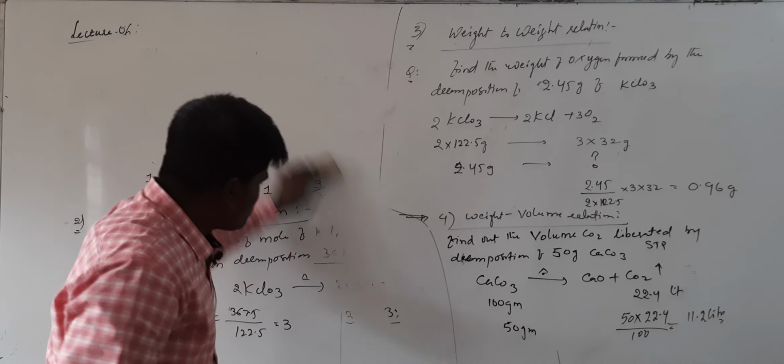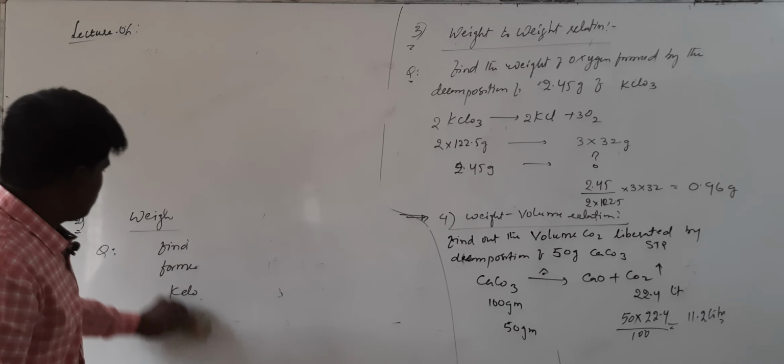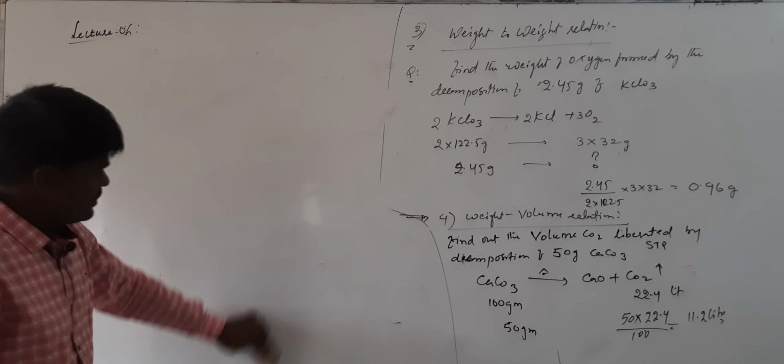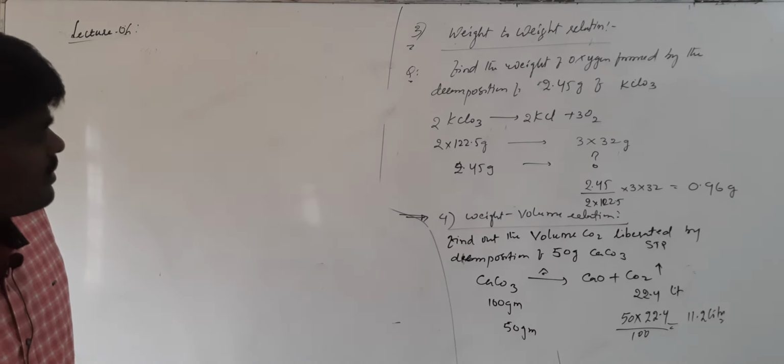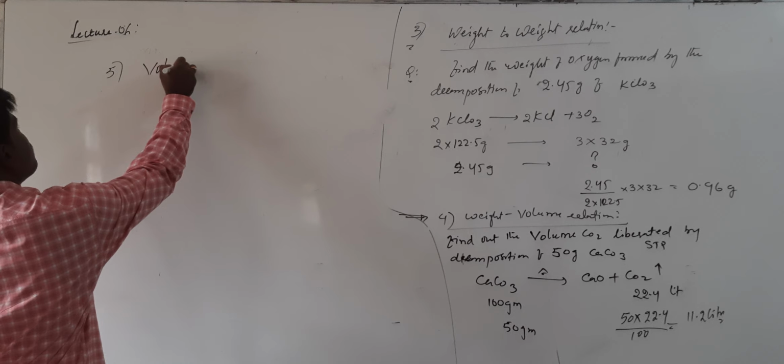Like this, you can establish several relationships which we are going to discuss in such type of questions in the objective discussion. We will discuss one last relation, that is volume to volume relation.